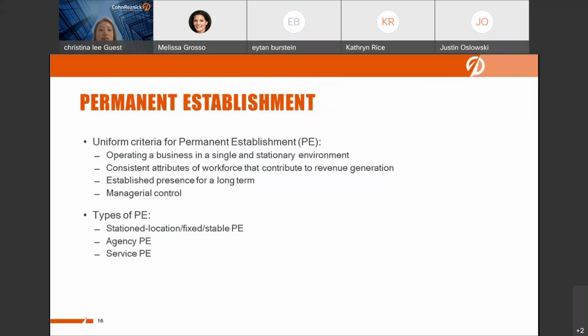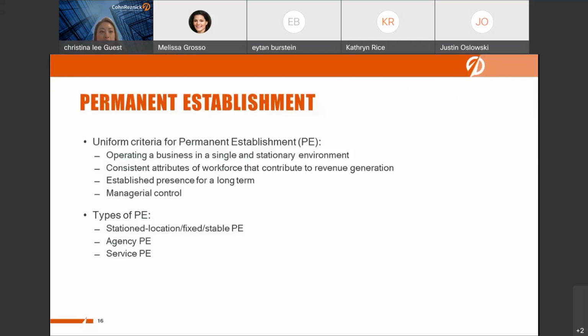It's just the presence of a branch, an office, or a processing site, or any physical structure through which a consistent revenue is being generated. Tax treaties usually have exceptions to certain physical locations that will not create a PE.